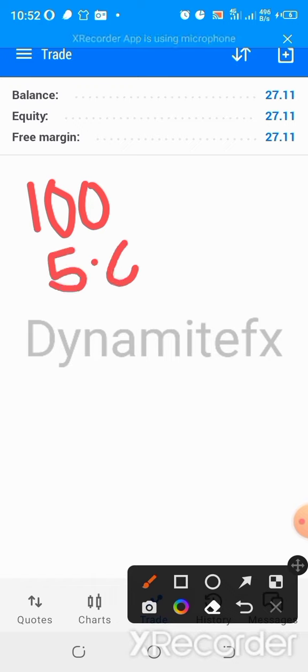So if 1.0 gives you 2.5, it means 5.0 would give you about 12.5, if I'm correct. 2.5 times 5, that's about 12.5. So you can have 12.5 or 13. Sorry, I'm not with my calculator, guys. Right now, I'm not in for the calculation.